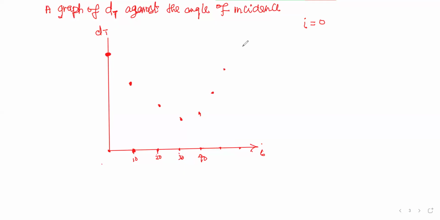Then to the last value. So a graph of total deviation against the angle of incidence would give you a curve, which will look like this.